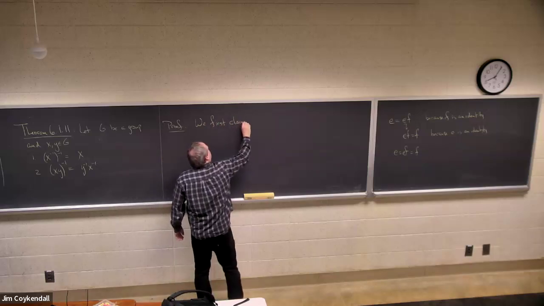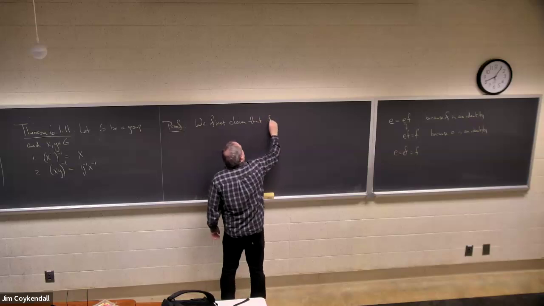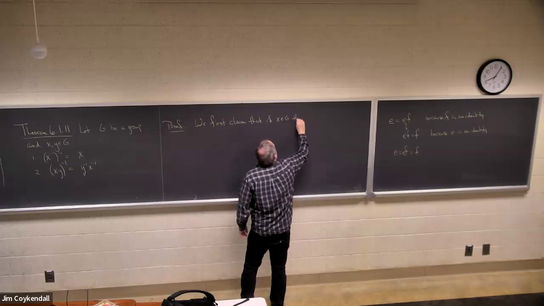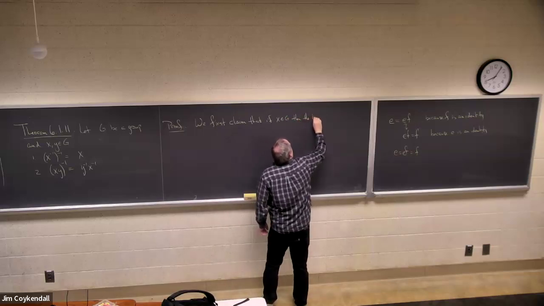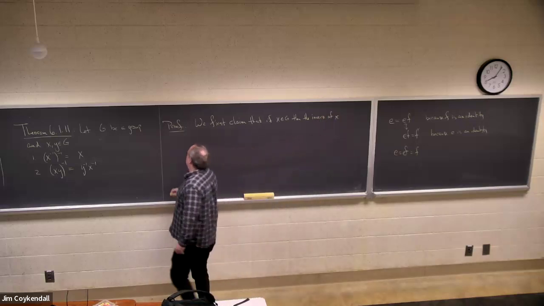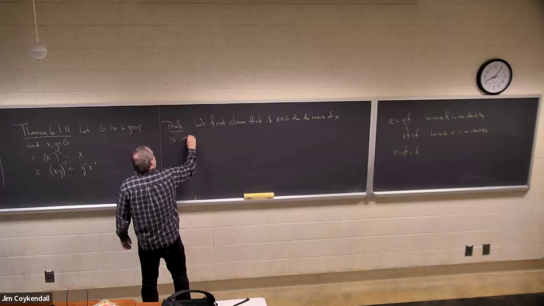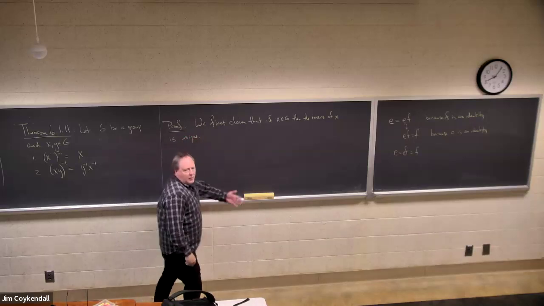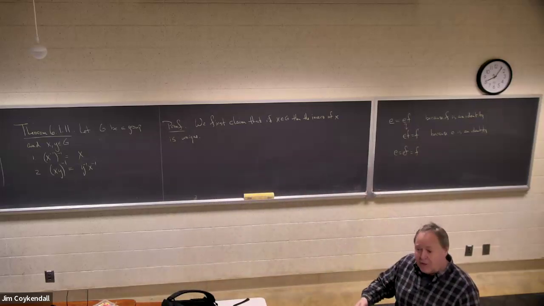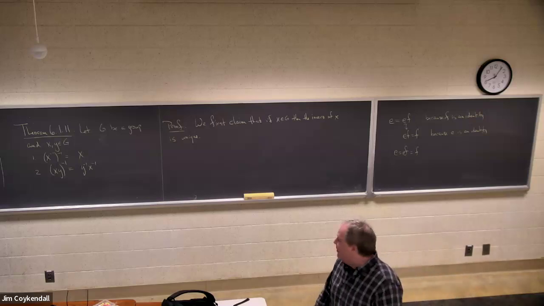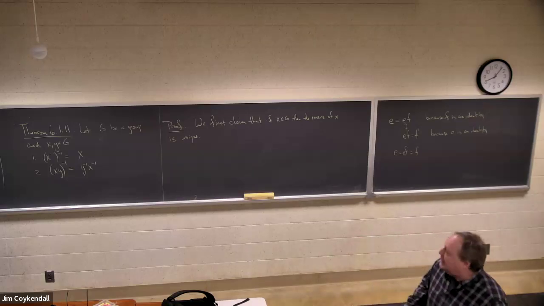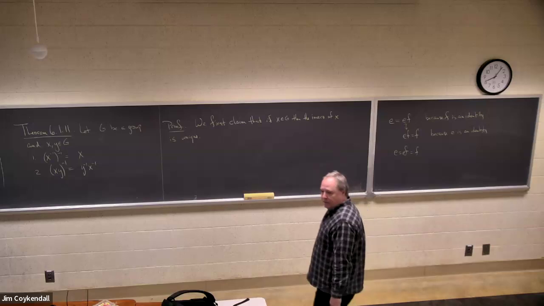Claim that if X is in G, then the inverse is unique. We know that every element of a group has an inverse. Why? Because we said so. That's one of the things we assume when we're talking about a group. Everything's got an inverse. I'm going to take a step farther. Not only does X have an inverse by definition, but that inverse, there's only one.